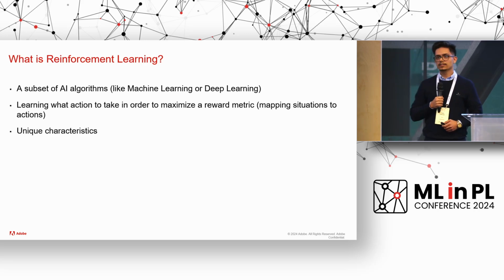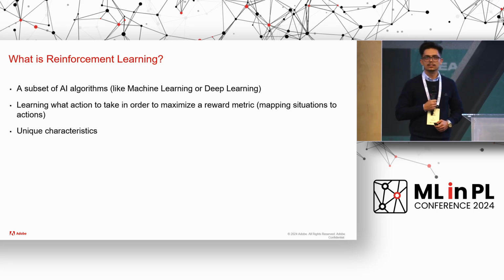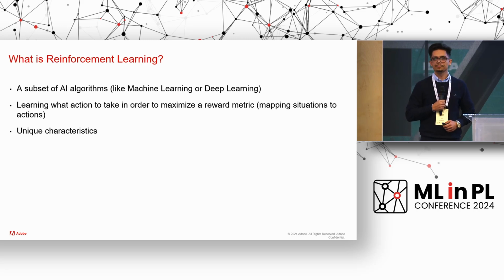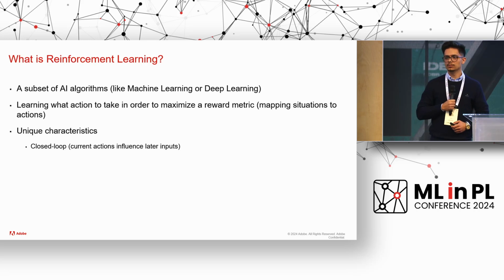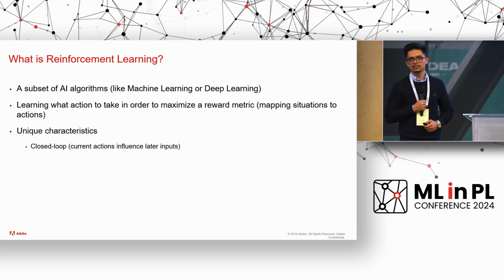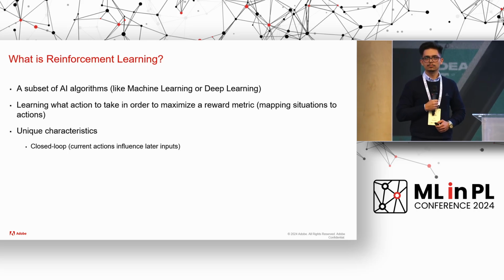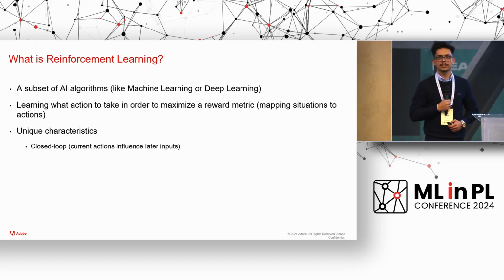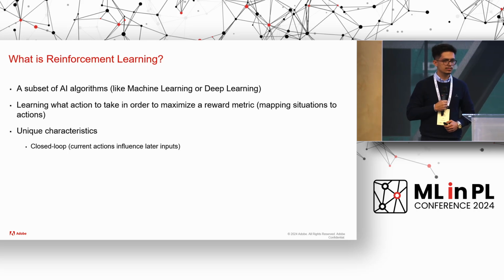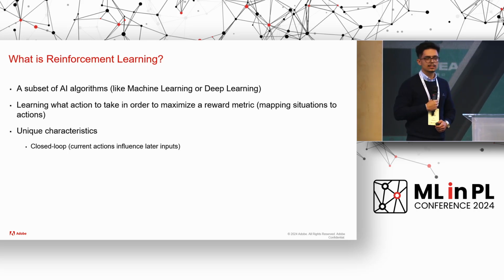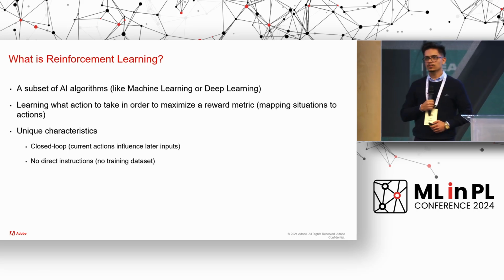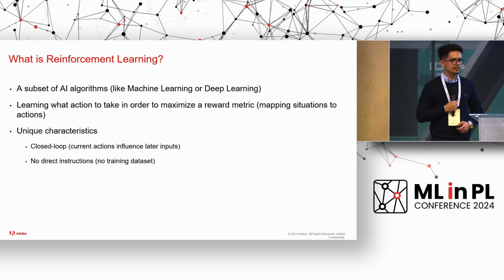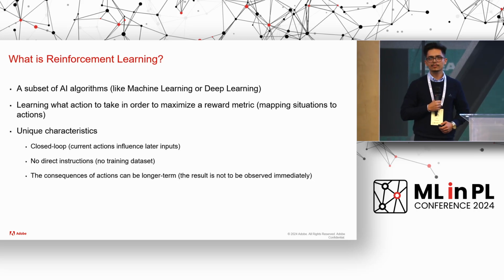There are some unique characteristics for reinforcement learning. First of all, it's a closed loop, so the current actions can influence later inputs. So the actions are very important, and basically that's what the models have to learn. There are no direct instructions, so we don't have any training data set.